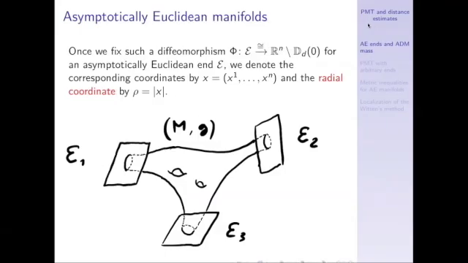Note that once we fix such a diffeomorphism phi, then we have corresponding asymptotically Euclidean coordinates, x1, ..., xn, and we have a radial coordinate. So here I draw a picture of an asymptotically Euclidean manifold (M,g) with 3 ends, E1, E2, and E3.